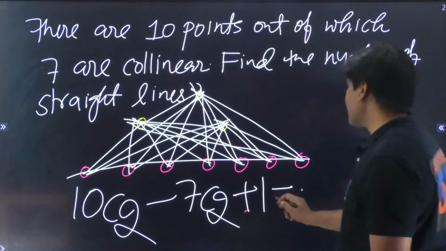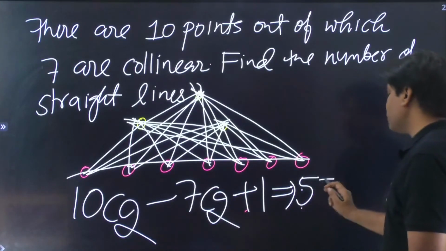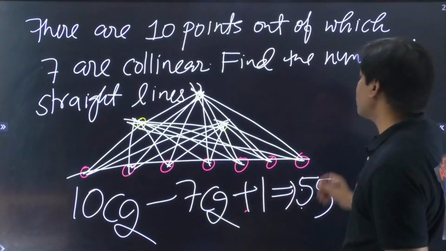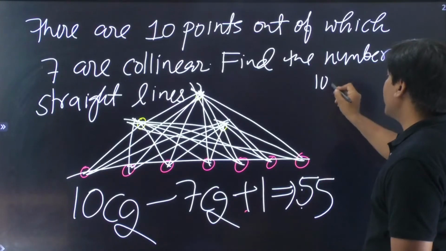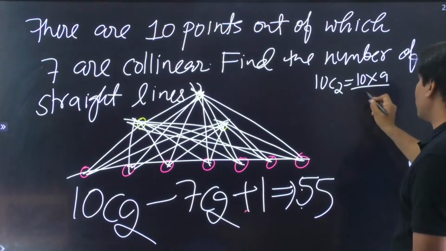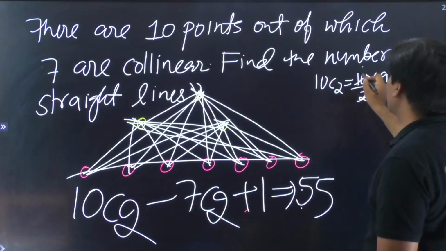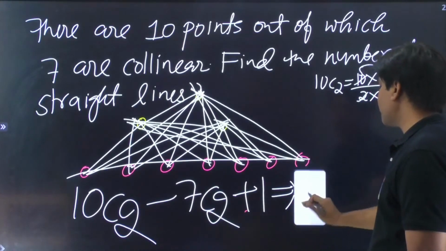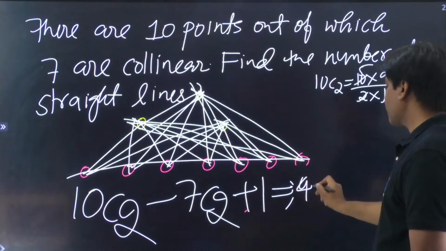So what is this answer? 10c2 is 55. That you have, we just found out what is the value of 10c2. 10c2 is 10 into 9 divided by 2 into 1. Oh, my bad. This is 45, not 55. This is 45, right?